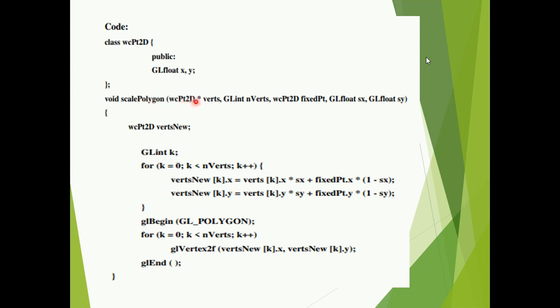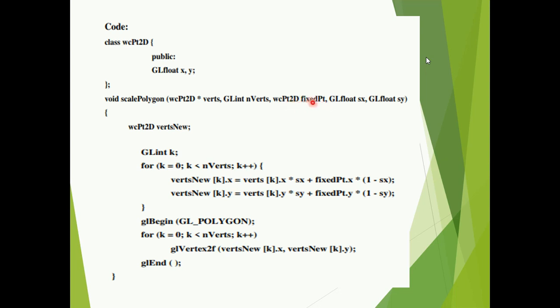And next the vertices, whatever you are going to initialize, will be in the form of an array. So we need Point2D asterisk vertices, pointed to vertex, and then GLint number of vertices of the polygon, and Point2D fixedPoint.